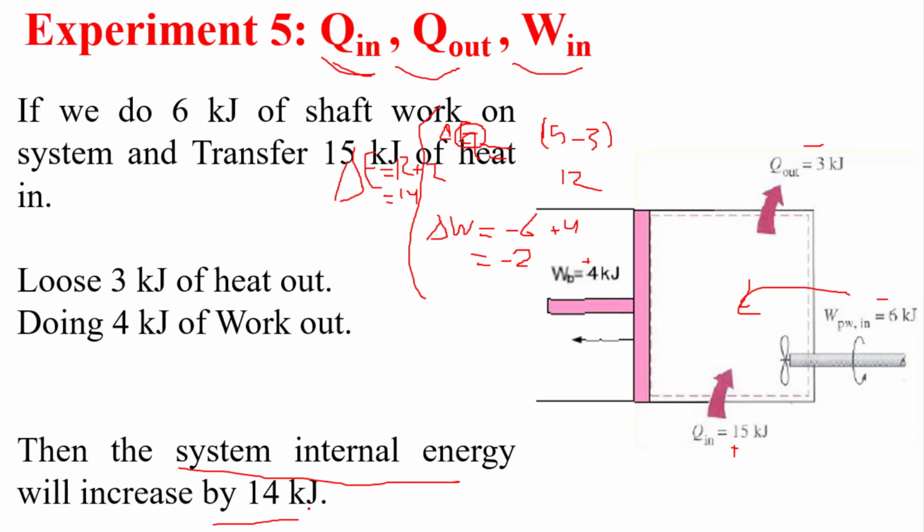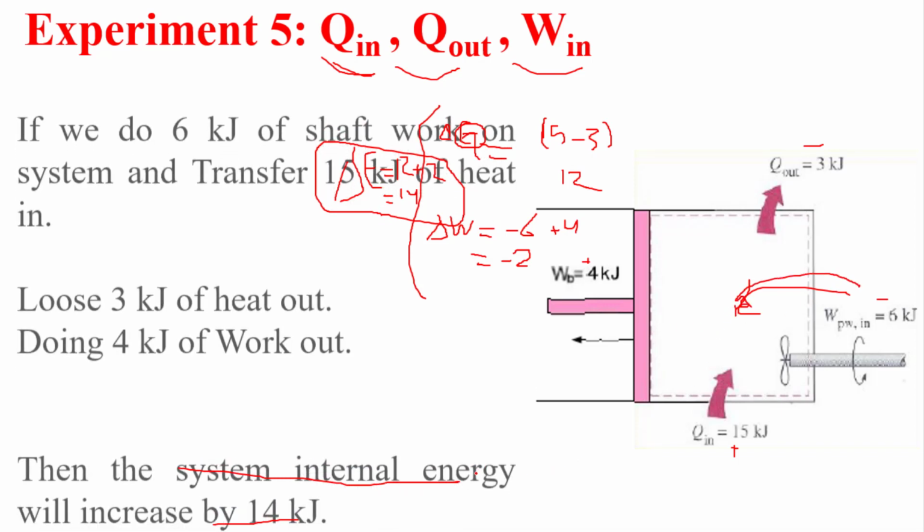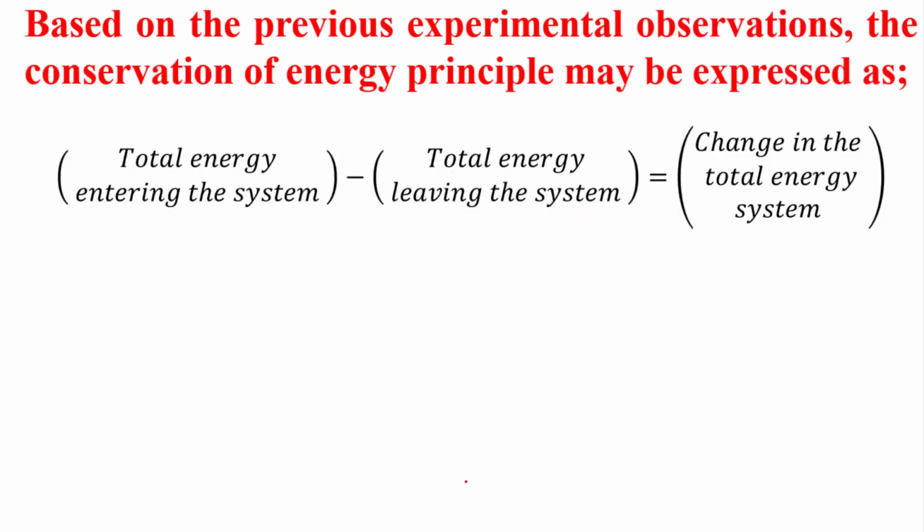Now we need a relation that will assure that every time we know what to do exactly, without assuming that energy or work entering the system means internal energy will increase. This leads us to this: total energy entering the system minus total energy leaving the system equals the change in the total energy of the system.